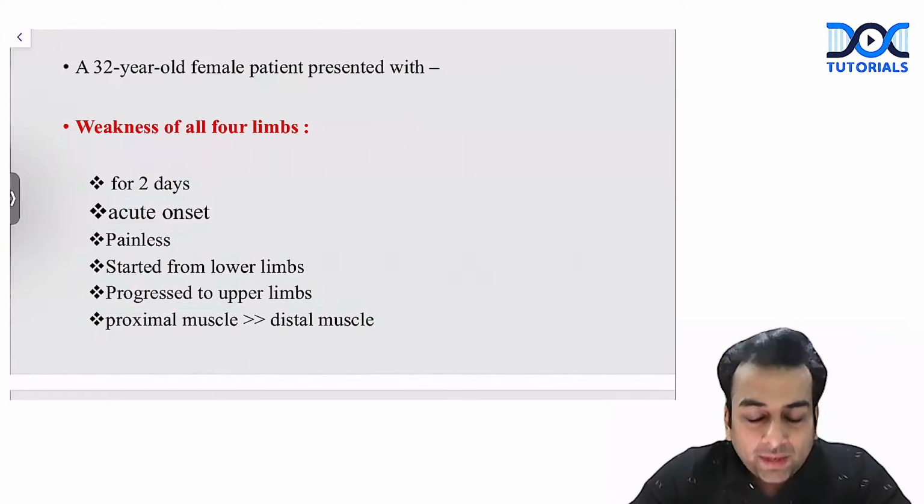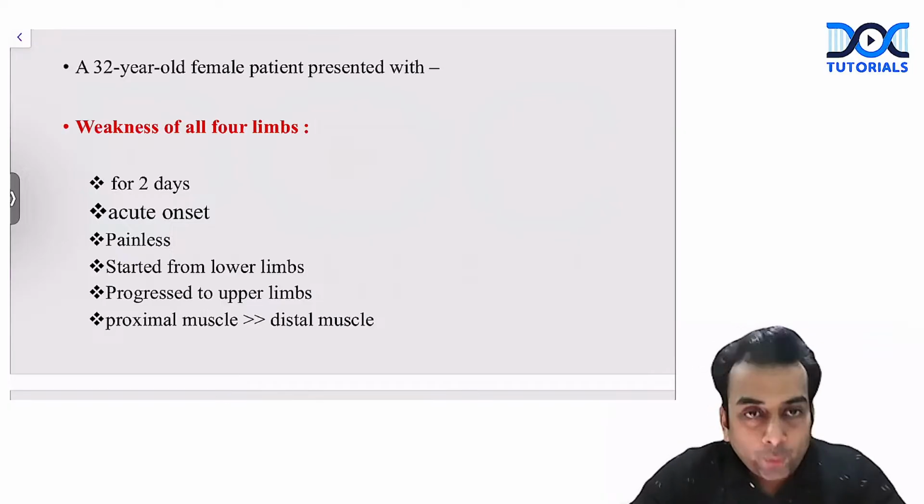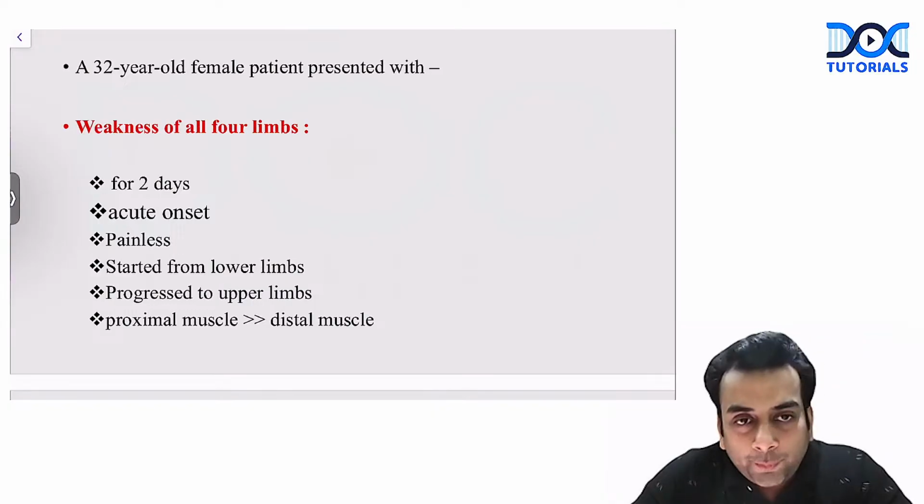So it is quadriparesis in a young female, progressive, acute in onset, painless, starting from the lower limbs, progressing to the upper limbs, involving proximal muscle more than distal muscle.